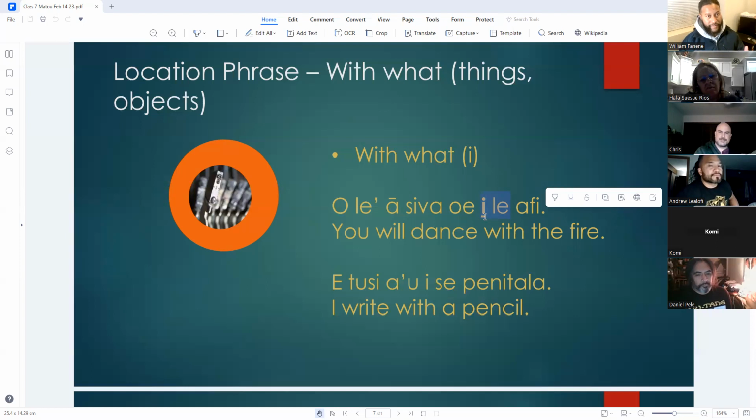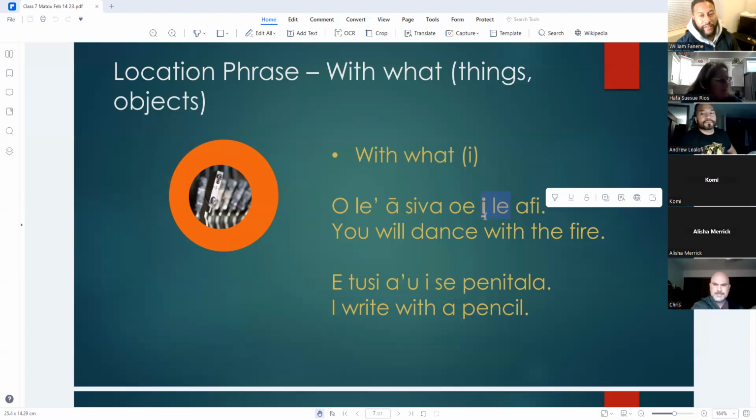Okay, hopefully everyone got that. So why isn't it mo if that's with? Like, ole asi oe mole afi, like for the fire. That would be a different context. If someone said that to me, I would understand what they're saying, so it's not that big of a deal.